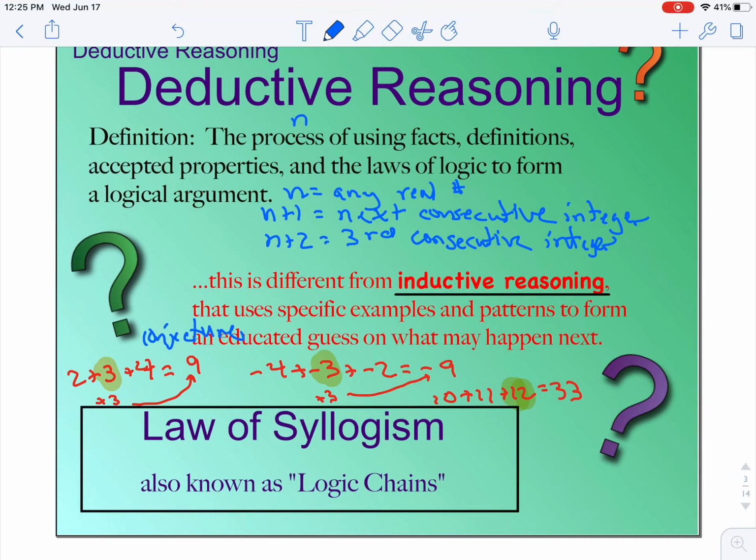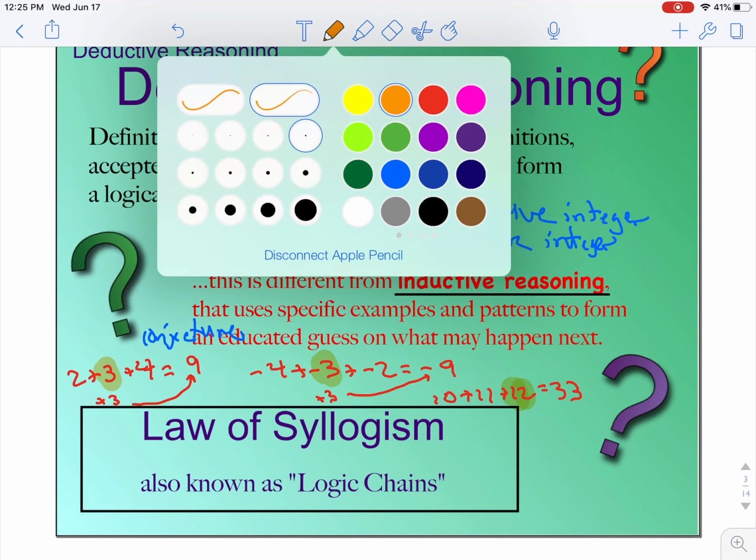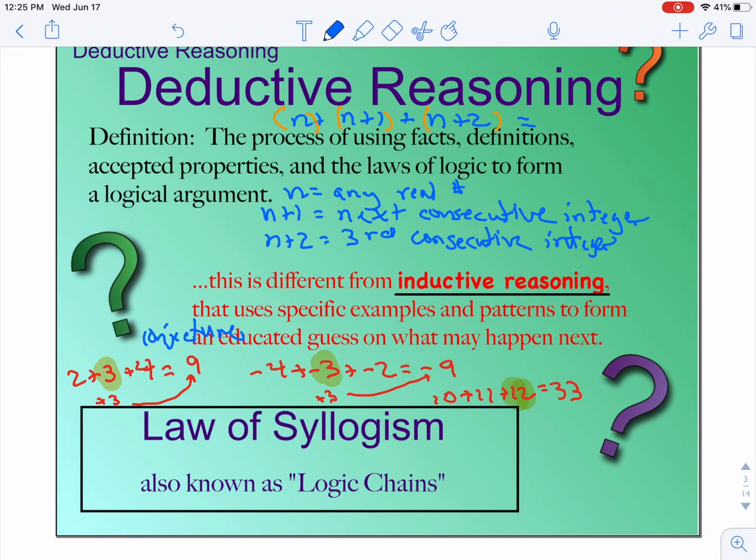Now, if we add 3 consecutive integers, we add n, then n plus 1, the next consecutive integer, and then n plus 2. We could put parentheses around these just to distinguish that this is the first number, the second number, and the third consecutive integer. When we add all those together, we get n plus n plus n, or 3n plus 3.